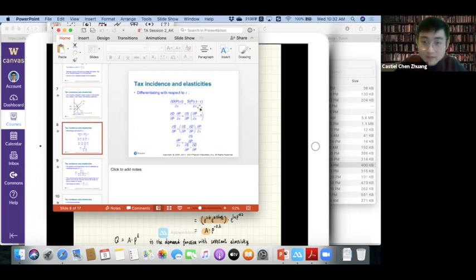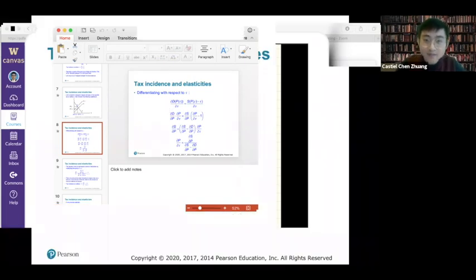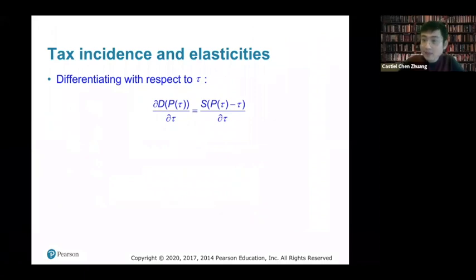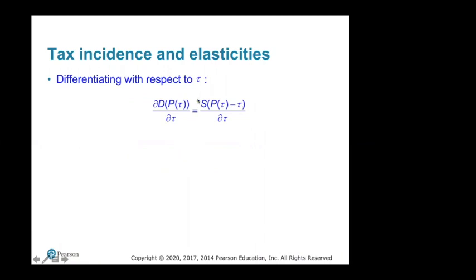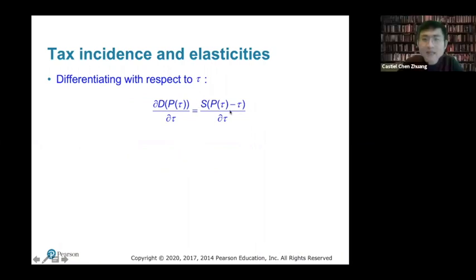So here we can actually just take a look at this. I think they have enough steps here. So basically you have quantity demanded equals quantity supplied, right? I'm missing a partial D before S here. I will add that later. So the price here, we model it as the price paid by consumers.